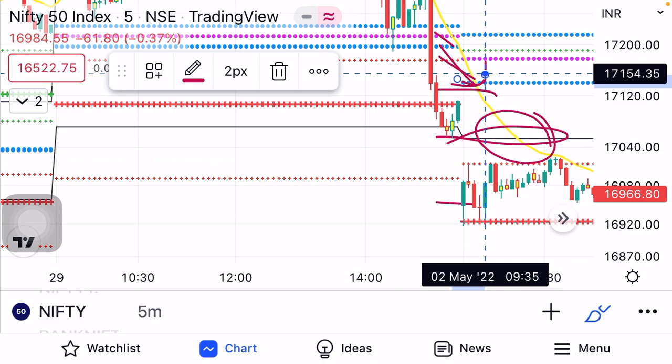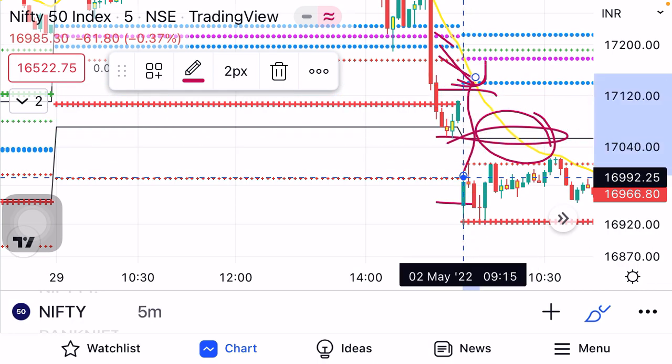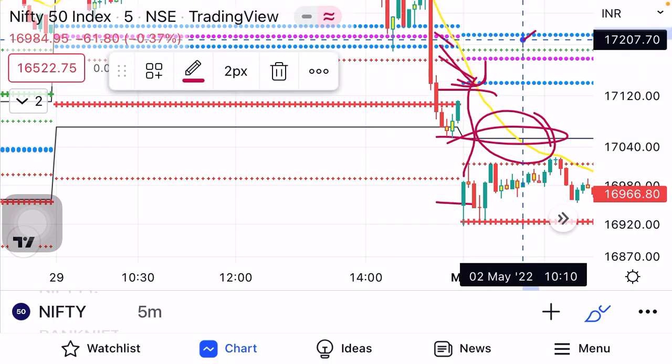But since the CPR is not too down, that is it has already traveled. See, this is all it has traveled, and it is overlapping CPR, right? So since the CPR is very wide, see, the CPR is very wide, right? So whenever the CPR is very wide, the market will most probably be sideways.